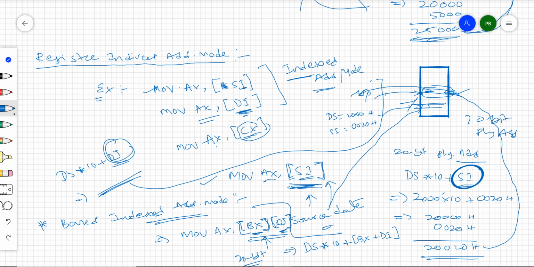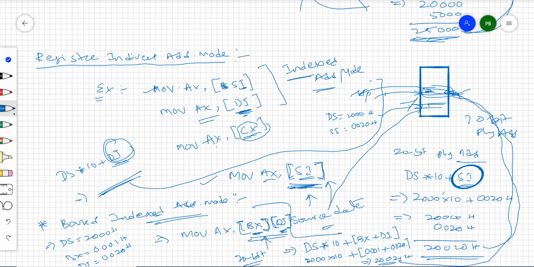That means before execution of this instruction, if for example DS is 2000h, BX is 0001h and DI is 0020h, then it is 2000 times 10 plus, internally added like this, 0001 plus 0020. So overall it is going to generate 20021h. Now this becomes the 20-bit physical address to select the location.